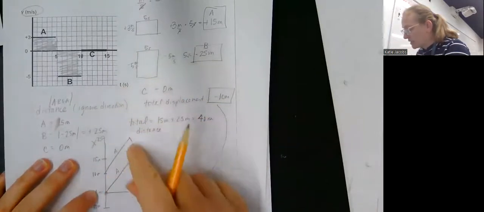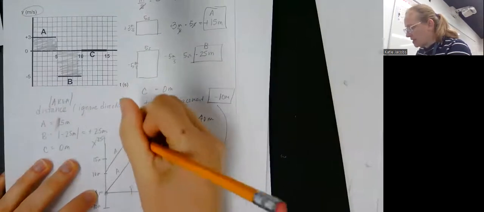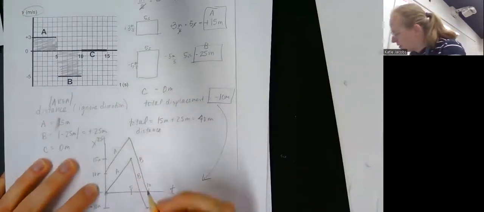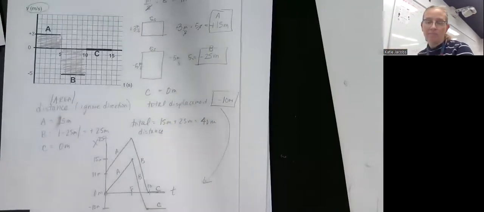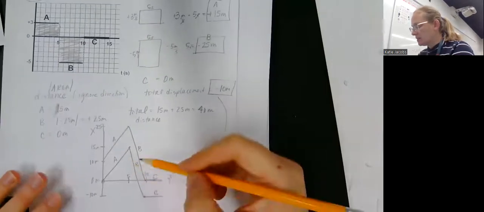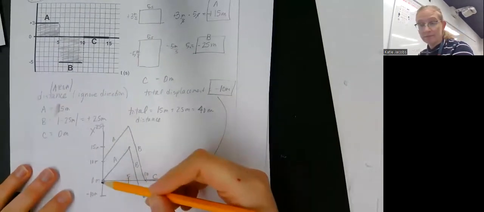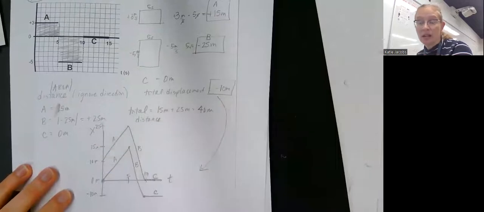I could go down to 0 meters for B. That's a negative 25 meters displacement. And then segment C, I could stay at 0. So what's important is not where you start, but the difference between where you start and end.